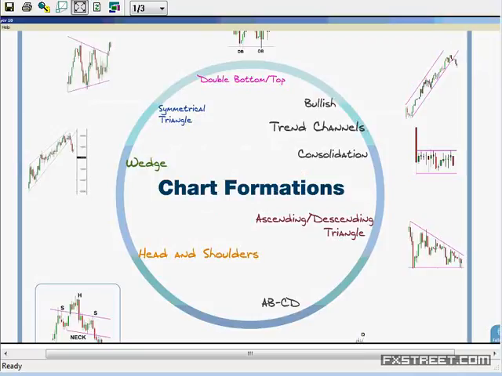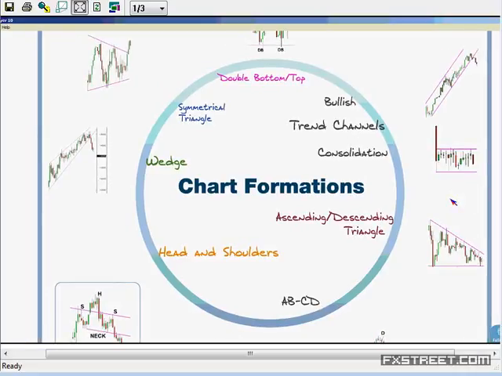Okay, so you need to have a basic understanding of chart formations. Here I've just done a slide on some of the very basic chart formations. There's obviously complex symmetrical patterns that you can look at as well, Elliott wave, etc., etc. But just for this presentation, we're just going to talk about basic chart formations.